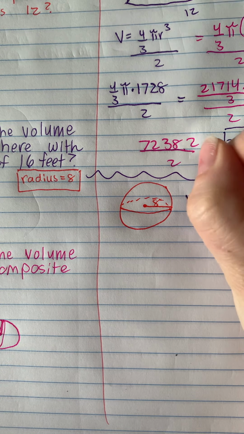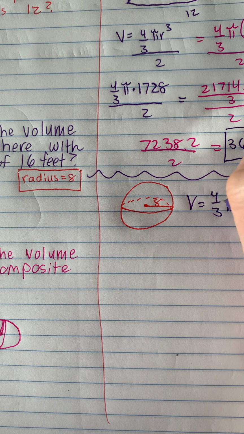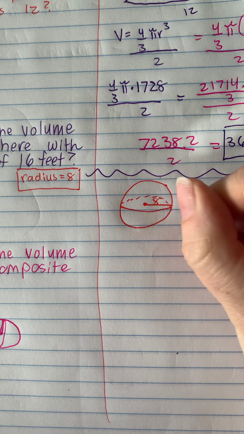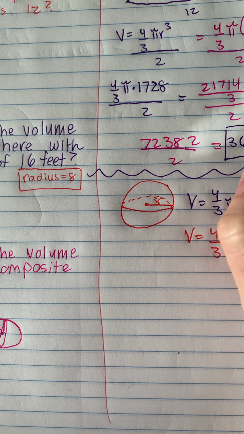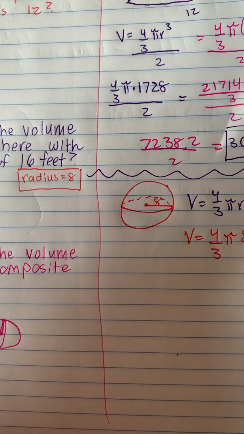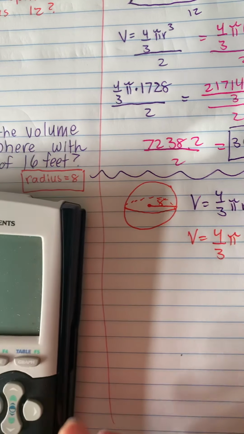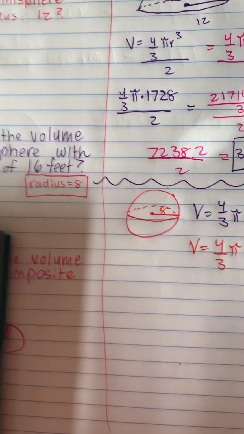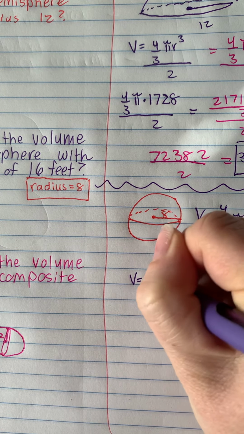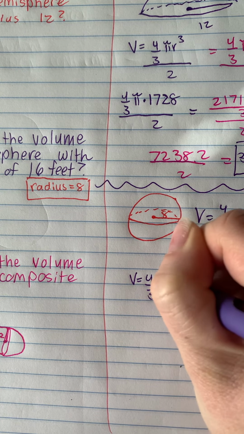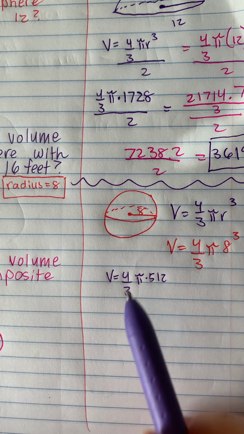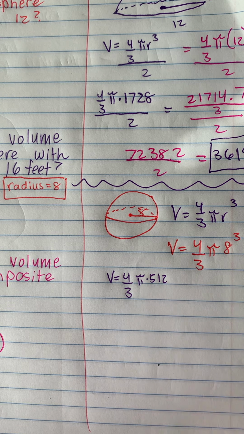Plugging it into our formula, 4/3 pi times radius cubed, rewriting that with r as 8. 4/3 pi times 8 cubed. Using our calculator, this means 8 times 8 times 8, which gives us 512. 4/3 times pi times 512. Remember what a fraction is? A fraction means we're multiplying by 4 and then dividing by 3.